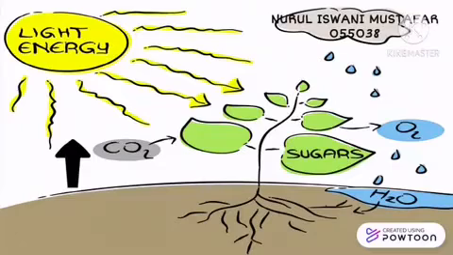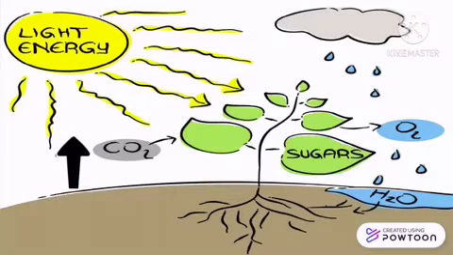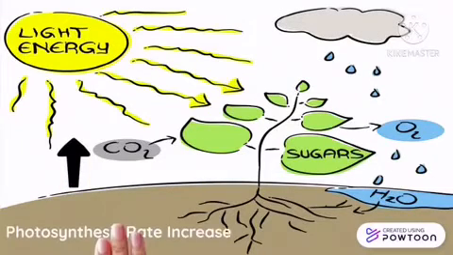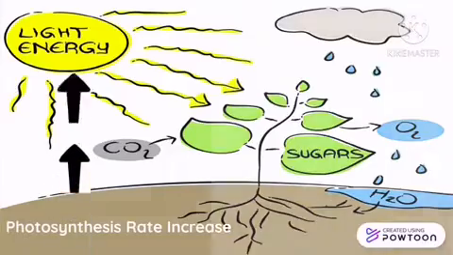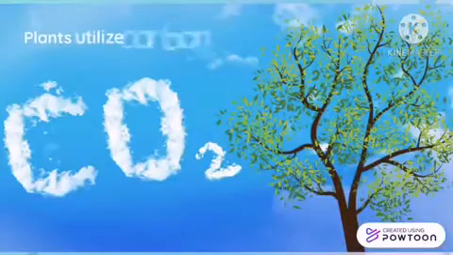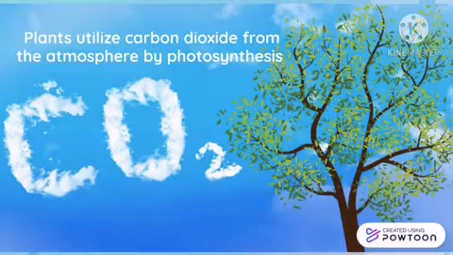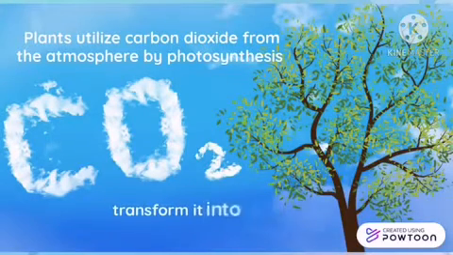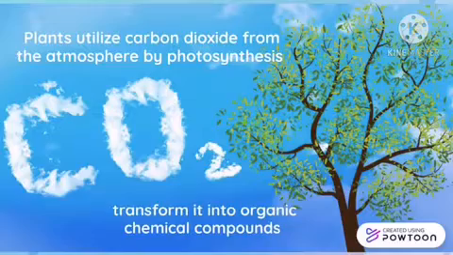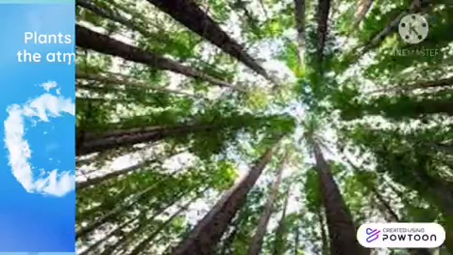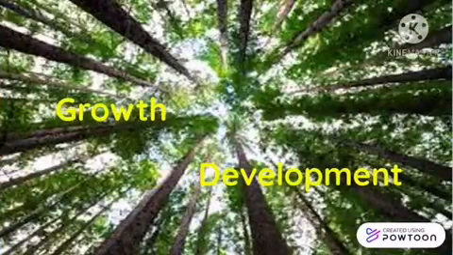The rising carbon dioxide concentration in the atmosphere will increase the photosynthesis rate. Plants utilize carbon dioxide from the atmosphere through photosynthesis to transform it into organic chemical compounds which are needed for growth and development.